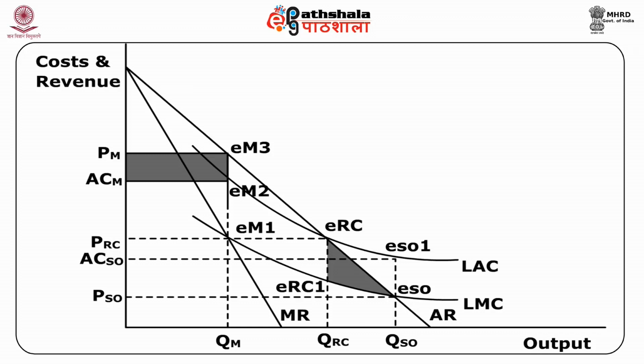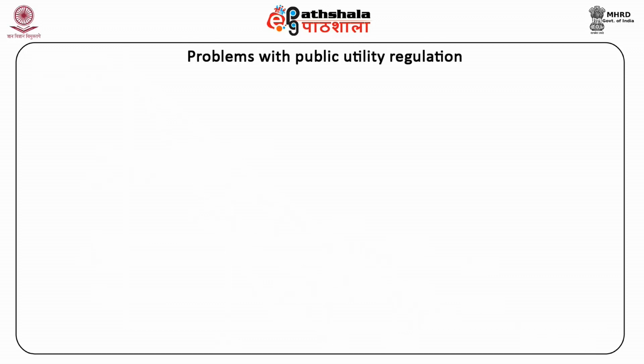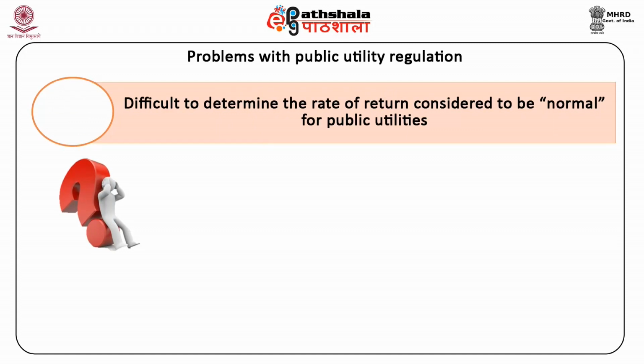In general, regulatory commissions allow public utilities to charge prices that cover their average costs so as to allow them to break even in the long run. In reality, there are several problems associated with public utility regulation. For instance, it is difficult to determine the rate of return considered to be normal for public utilities.